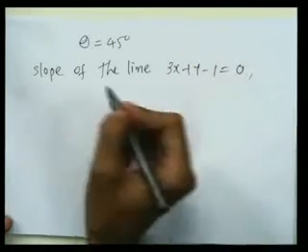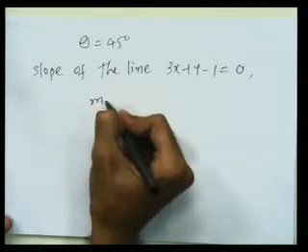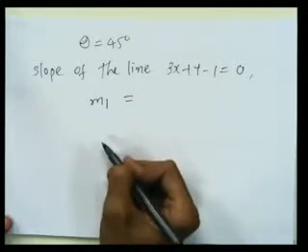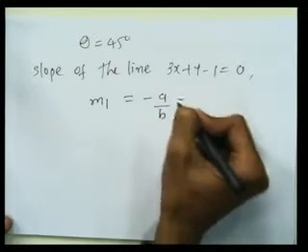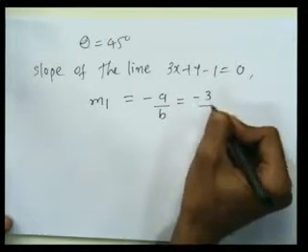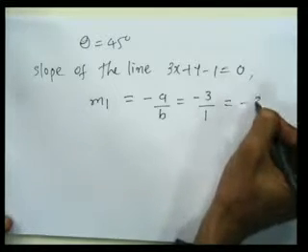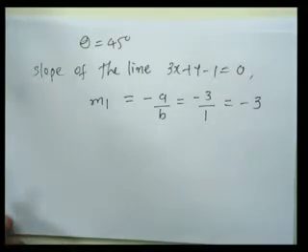So the slope of this line, we say the slope of the line is m1, then m1 is equal to minus a by b, which is minus 3 upon 1, which is equal to minus 3, which is our m1. So normally our formula is tan theta is equal to m1 minus m2 upon 1 plus m1 into m2 in mod.